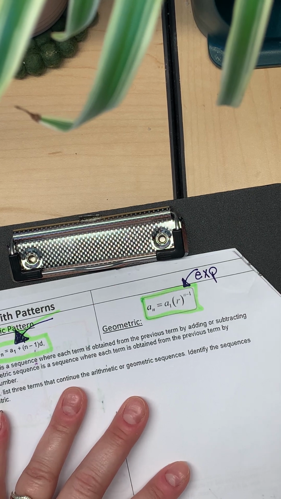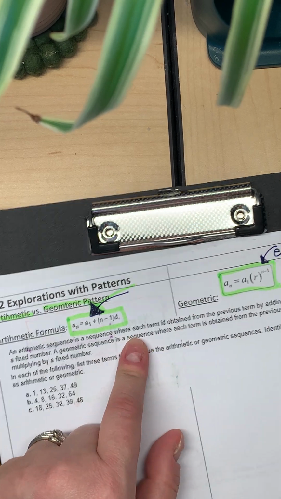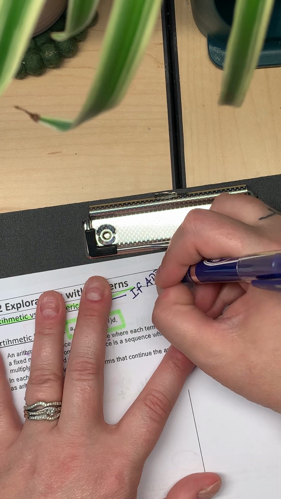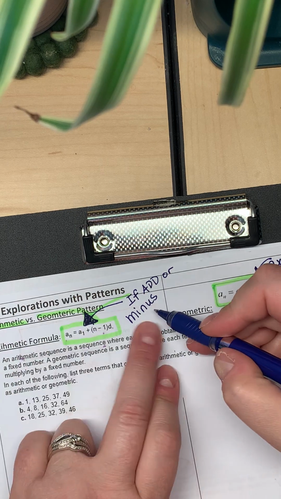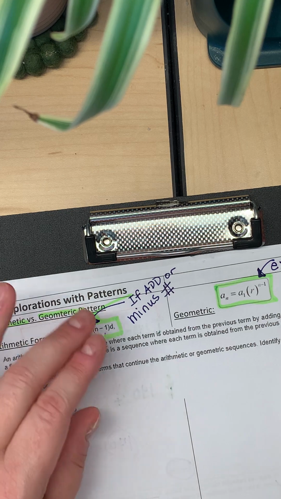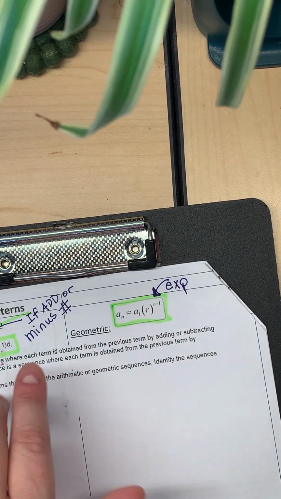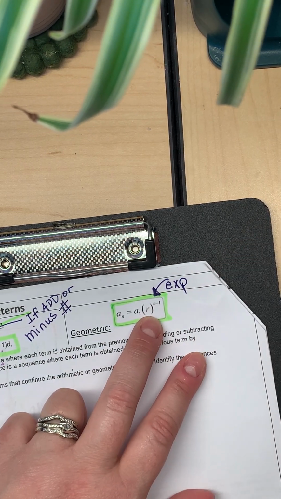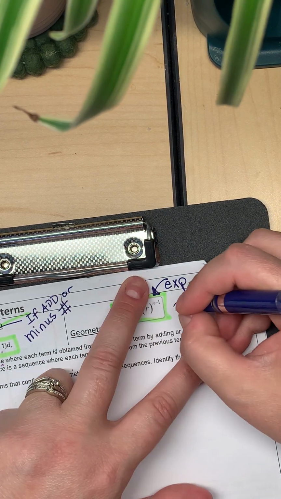Okay, so the way we tell whether it's arithmetic is if you can add or subtract the same number over and over again, it's called an arithmetic sequence. If you cannot add the same number over and over, say instead you can multiply or divide by the same number over and over, that's called a geometric sequence.